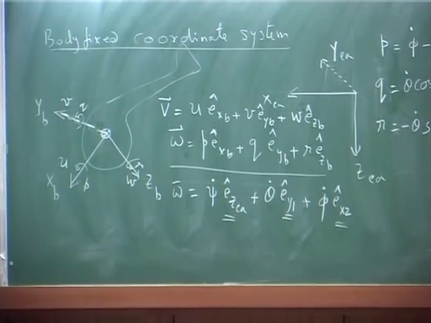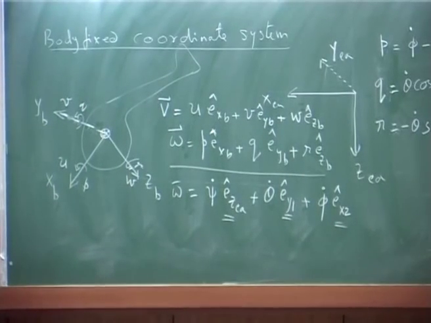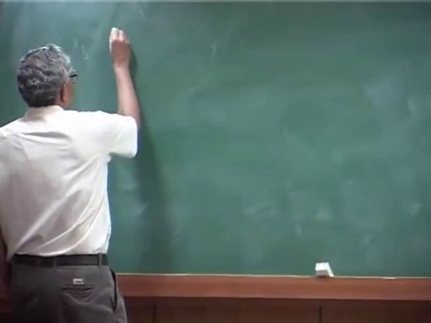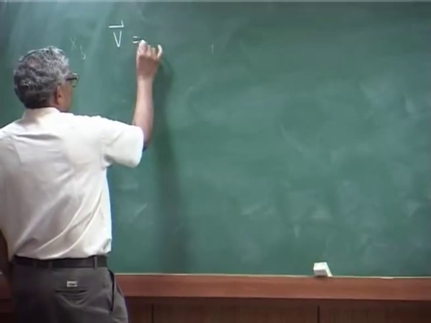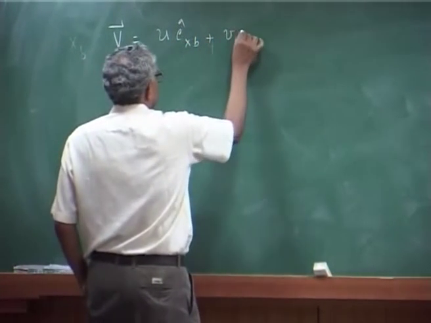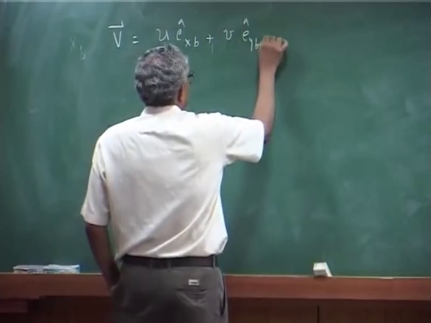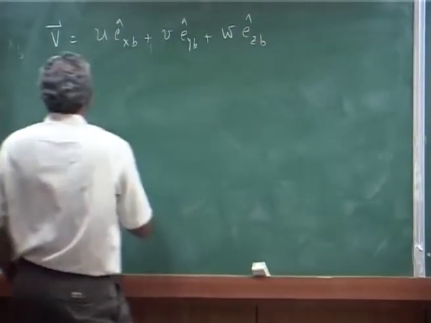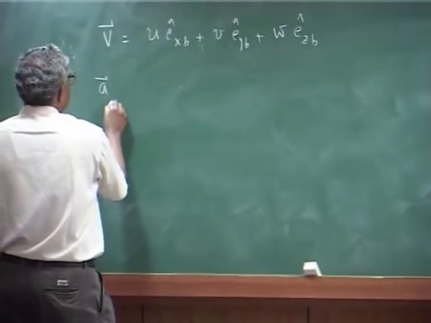So maybe I erase this part, because this transformation I use as a transformation from this coordinate to this coordinate, that is all. Okay. Now my velocity of the center of mass is u e_x^b + v e_y^b + w e_z^b. Now what is my acceleration of the center of mass?